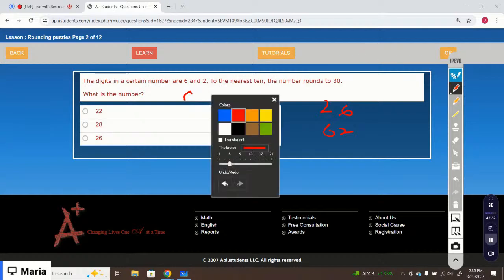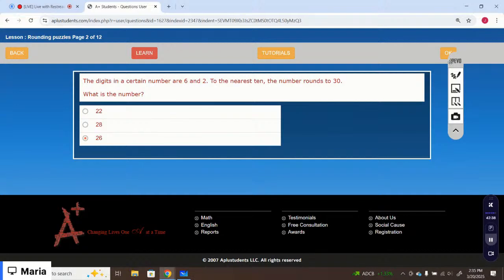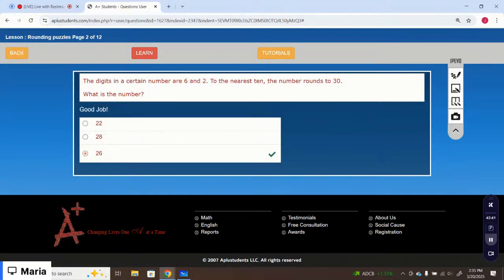That is 26, because 26 is rounded to 30.